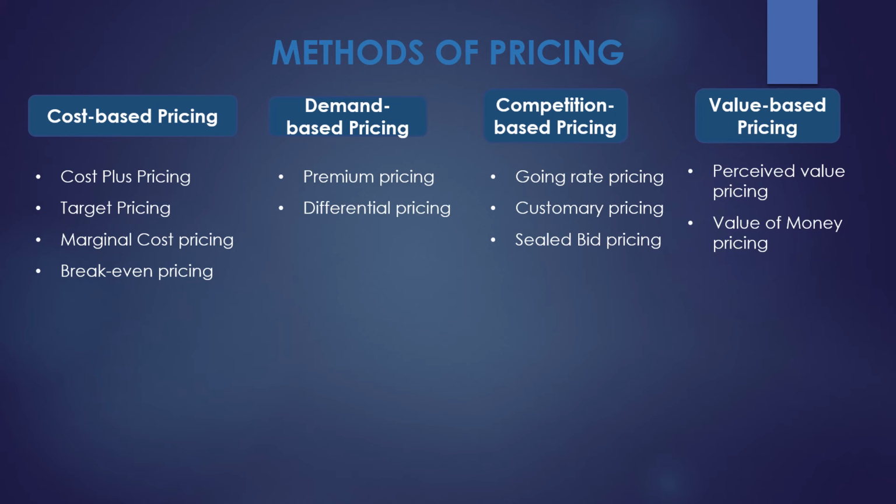Customary pricing means setting a fixed price for a product or service which remains for a very long time. For example, salt. During our childhood, we were purchasing salt for 5 to 6 rupees per kg. Now it is some 15 rupees per kg.